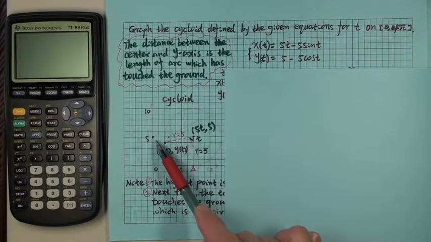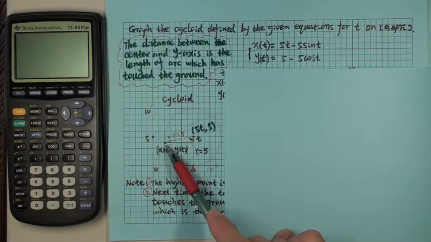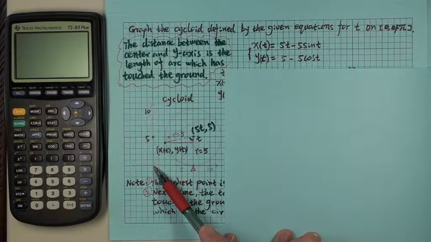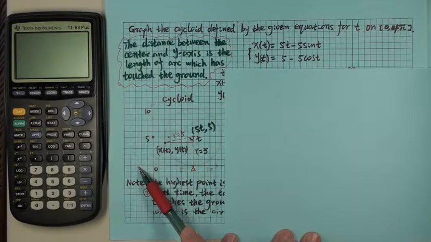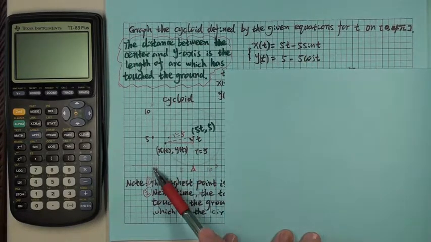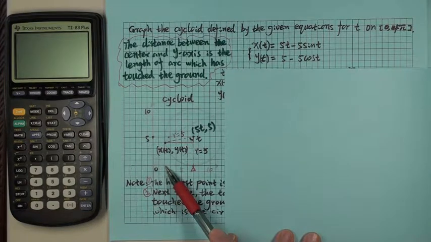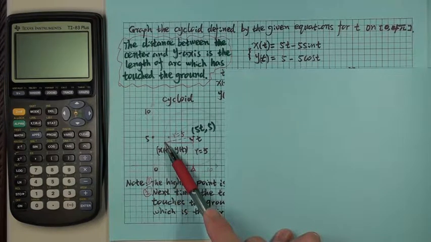When the center was on 0, 5, the tangent point, this point, was on the origin. Okay, and then when the center moves, this tangent point was here, it moves to the right and also move up.